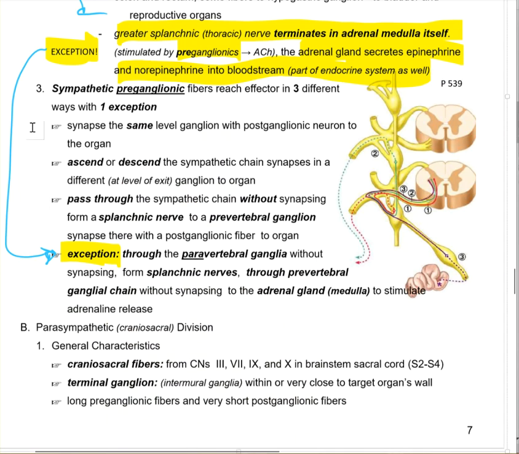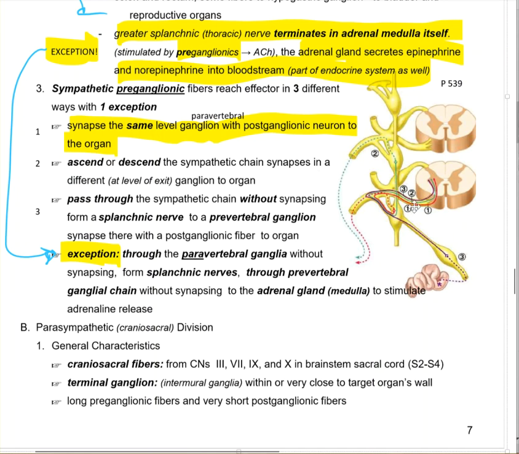So let's go through these. So here's number 1. First one, we're going to synapse at the same level ganglion with a postganglionic neuron to the organ, and that ganglion is paravertebral or collateral. That's number 1.